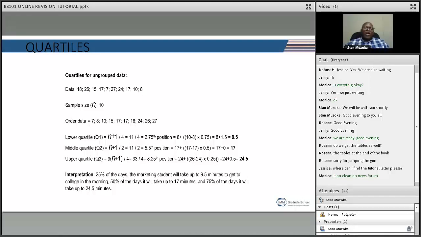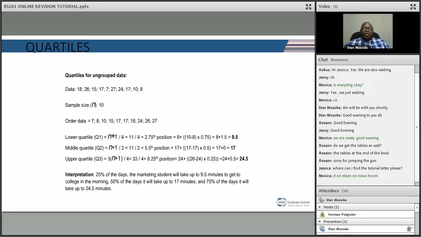So therefore, it is between the 8th and the 9th. 8th observation, 24. The 9th, 26. So it is 24 plus the difference between 26 and 24, which is 2, multiplied by the residual, which is 0.25. Therefore, it is 24.5.